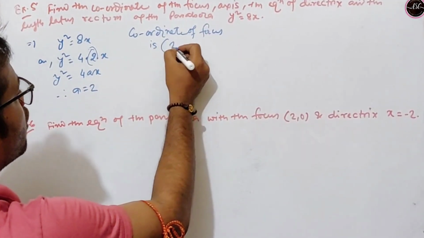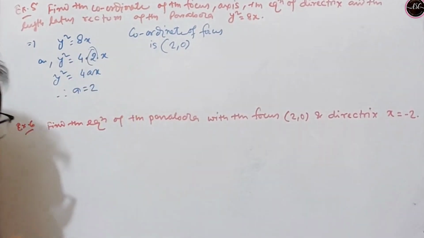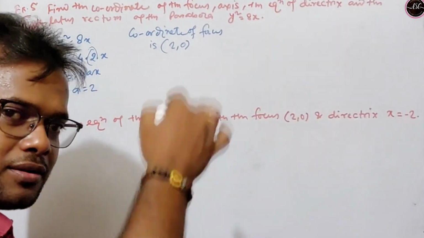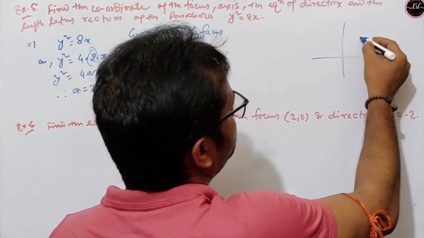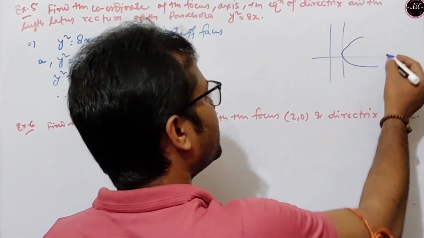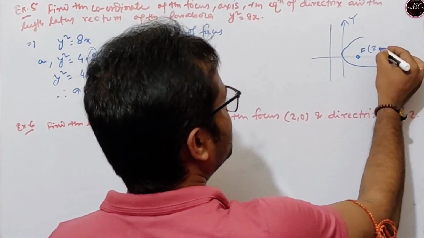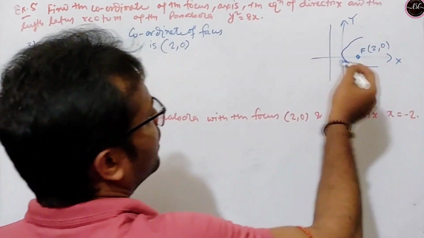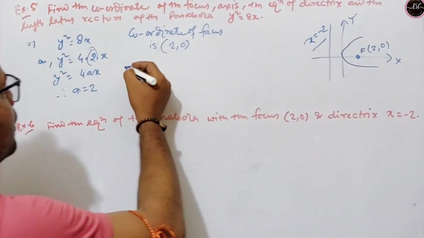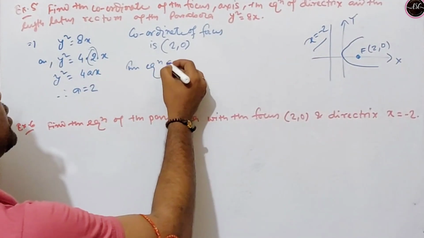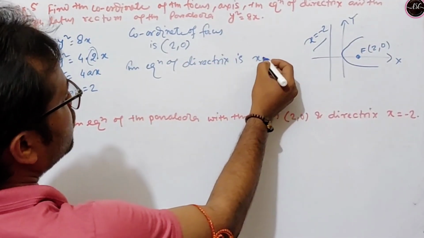So the coordinate of the focus is (2, 0). Why (2, 0)? Here the coefficient of x is positive, so the parabola opens to the right. This is the directrix, this is the x axis, this is the y axis, this is the focus F (2, 0), and the equation of the directrix is x equal to minus 2.